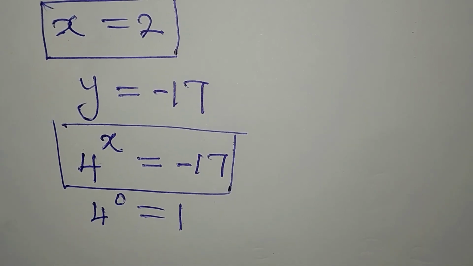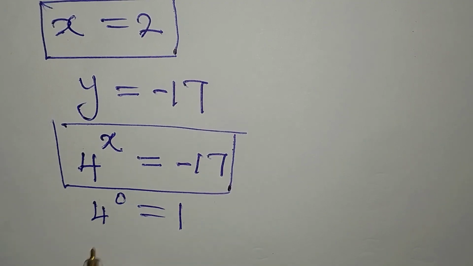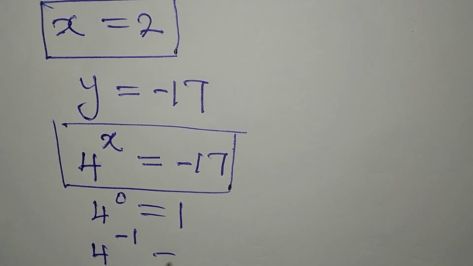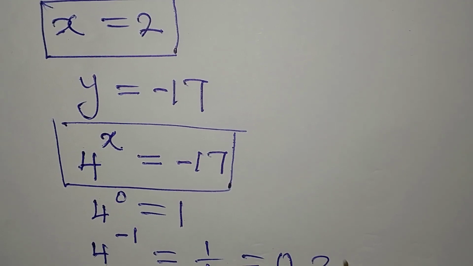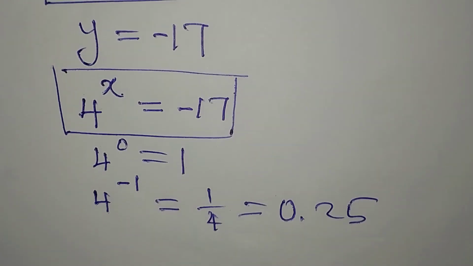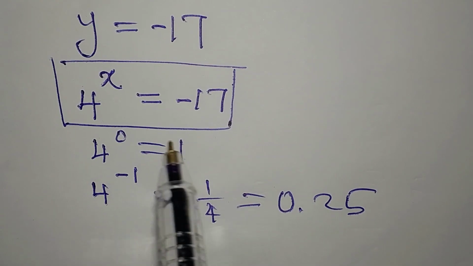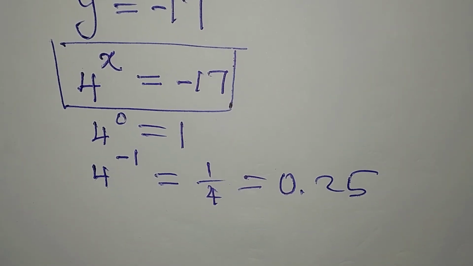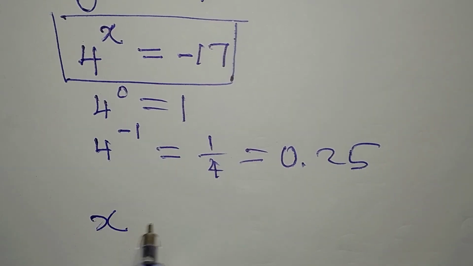And if you make x to be negative 1, that will be 4 to the power of negative 1, the same as 1 over 4, which is equal to 0.25, right? So obviously, this value will be rejected. So the only solution now is x equals 2.